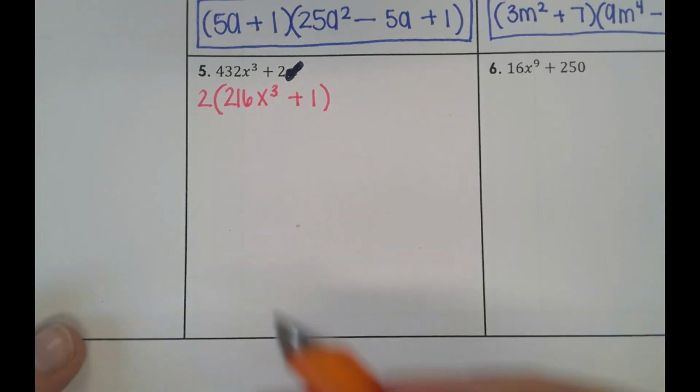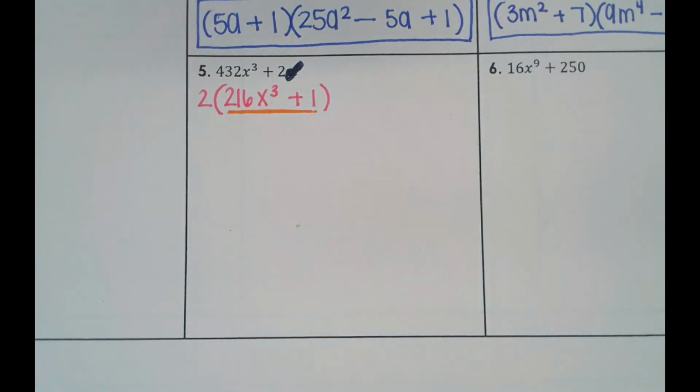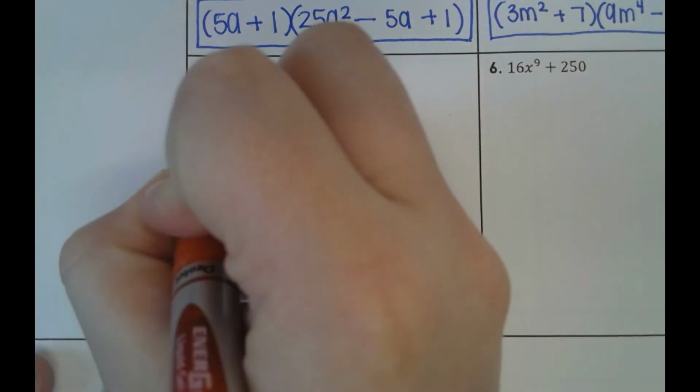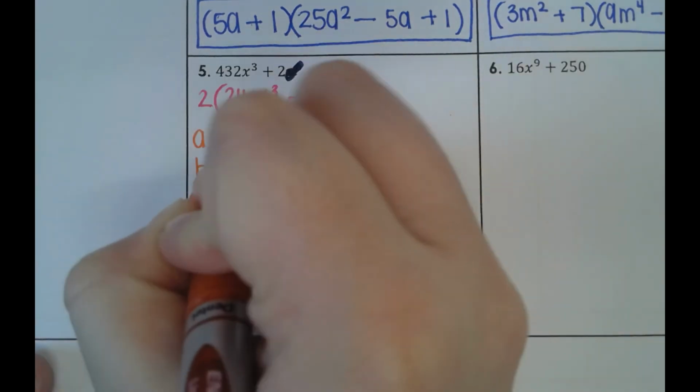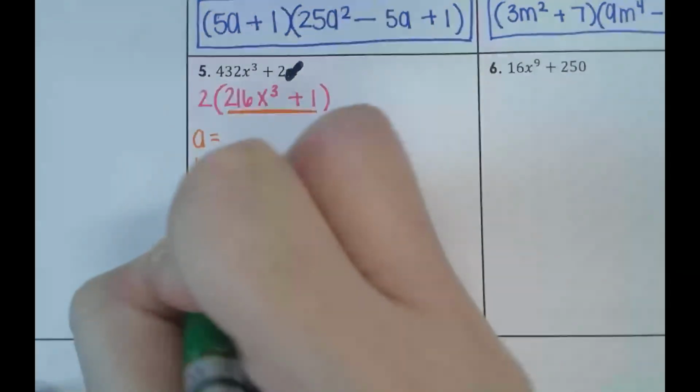Now, what's left in parentheses, those are perfect cubes. So we can do our A and B with what's left in the parentheses.